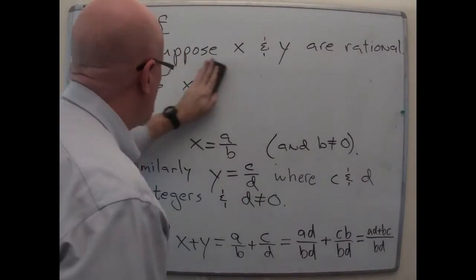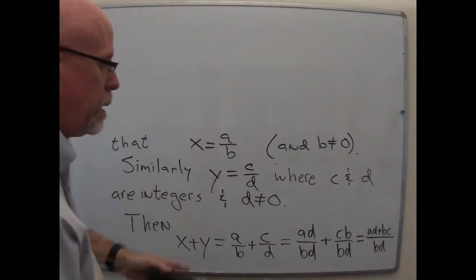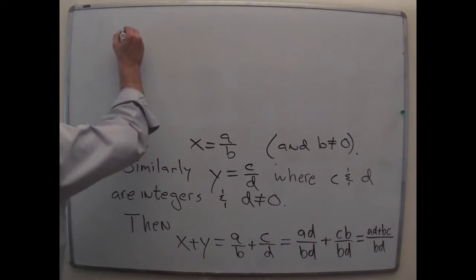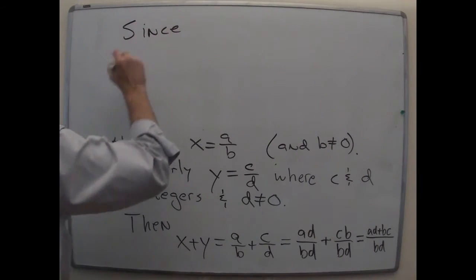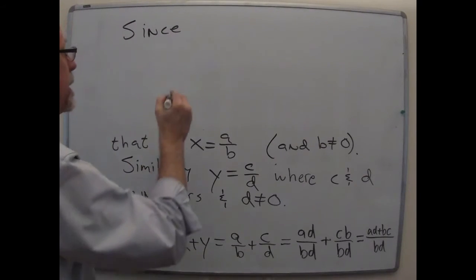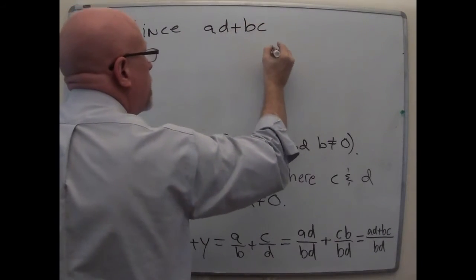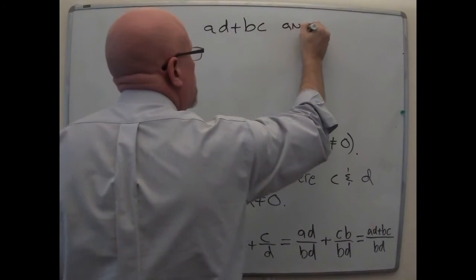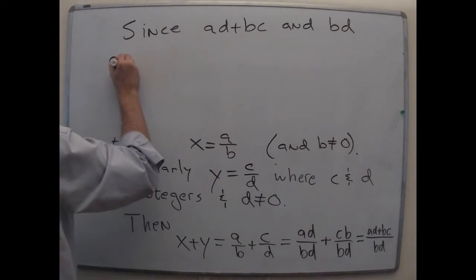I'm just going to continue from the top here. I'm going to notice that since ad plus bc, that's the numerator, and bd are integers.